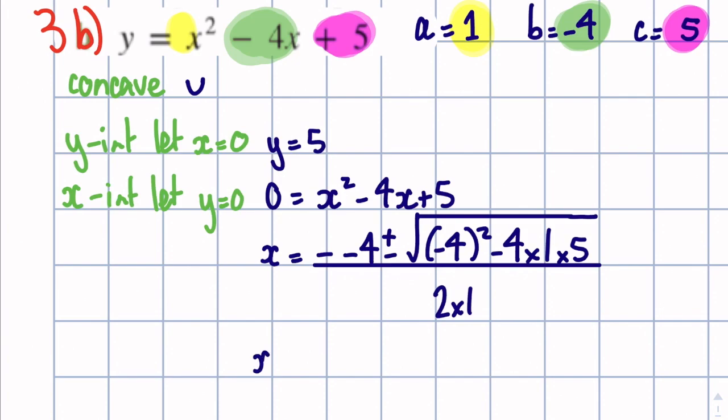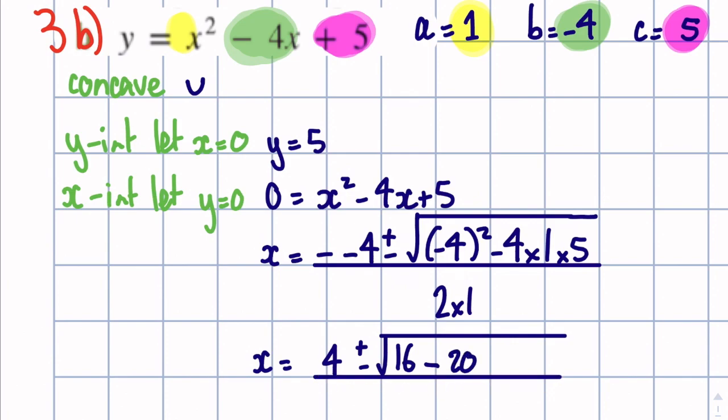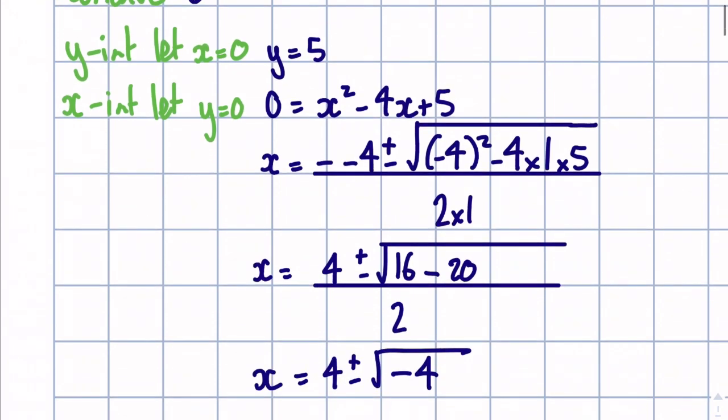Okay, so negative 4 is positive 4 plus minus the square root of, well, negative 4 all squared comes out as positive 16. Take 4 times 1 times 5 is 20. So you should already be able to see what the problem is going to be with this one, because we've got 4 plus minus the square root of negative 4 all over 2.